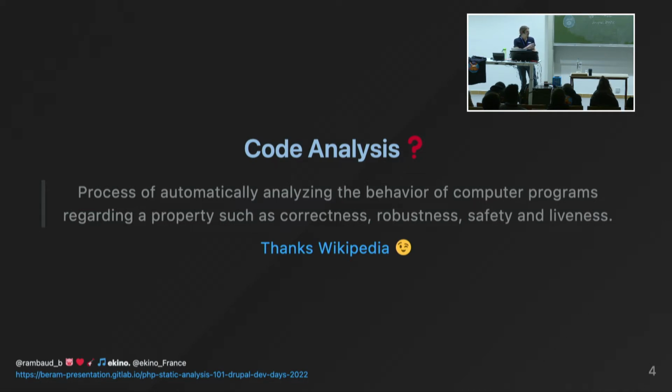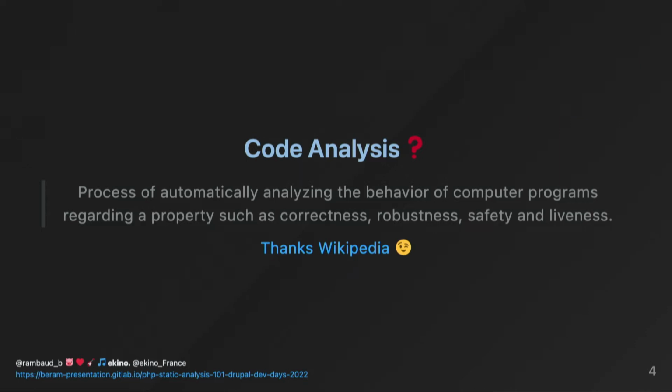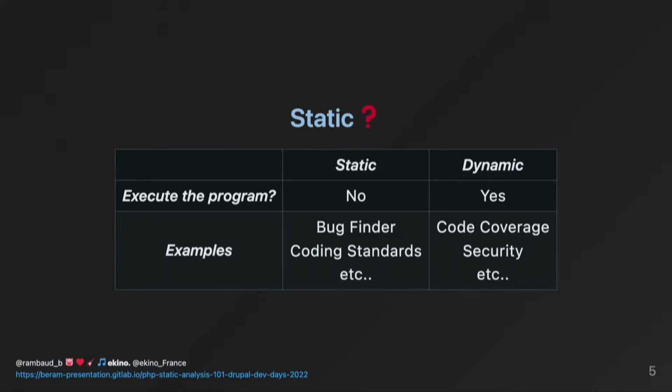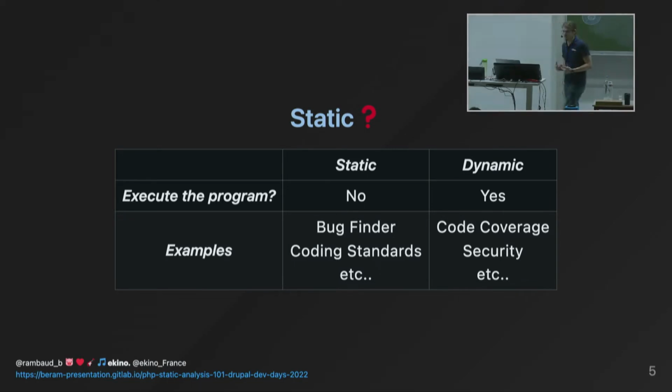Is it safe? Is it secure? We just want to know these things and do it automatically. If we add the word static, it's because we want to do it without running the program. We just don't want to execute anything except the analysis itself.